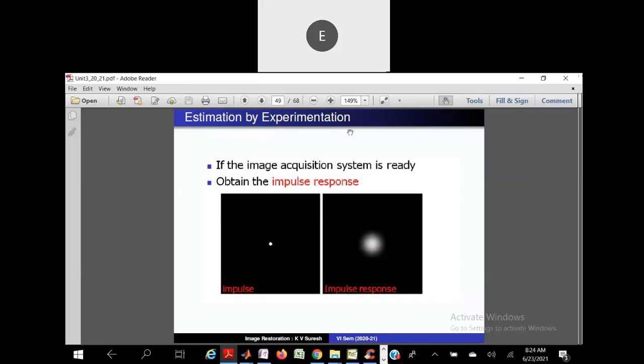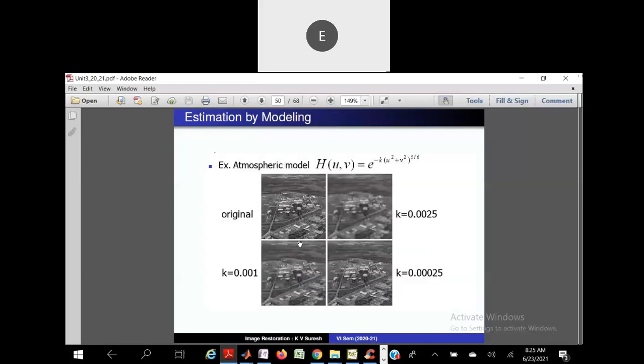Whatever you get from this will be the point spread function. Obviously, whenever the camera is introducing blur, the white source of light gets spread like this. I explained this in the previous class. Okay. So this is by experimentation.